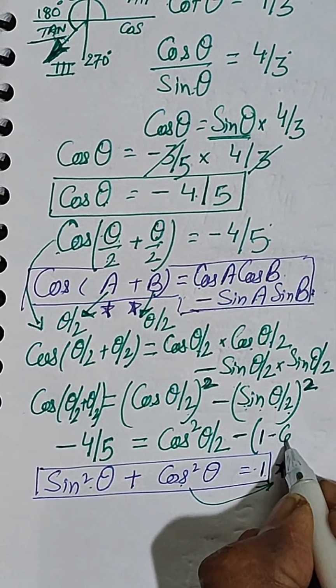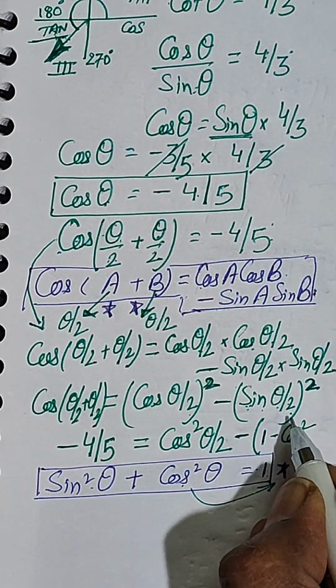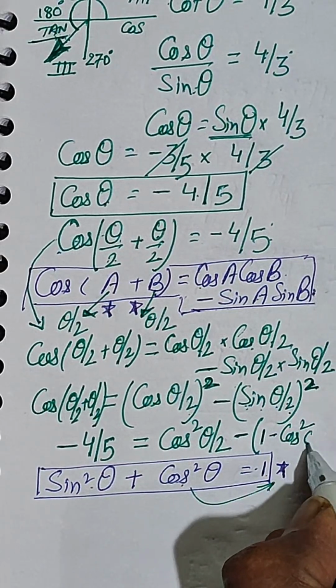So this sin square theta by 2 can be written as 1 minus cos square, instead of theta it's theta by 2.